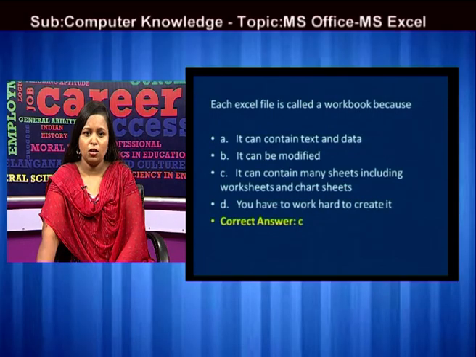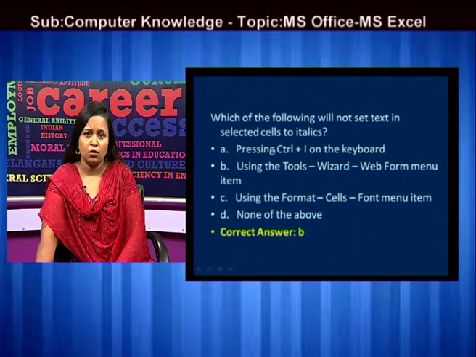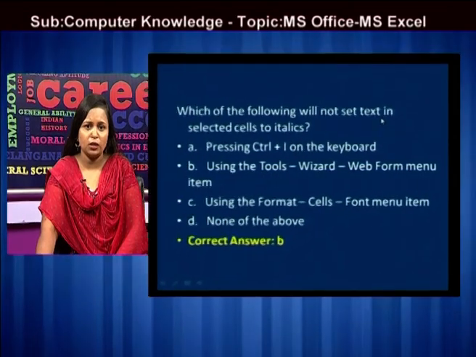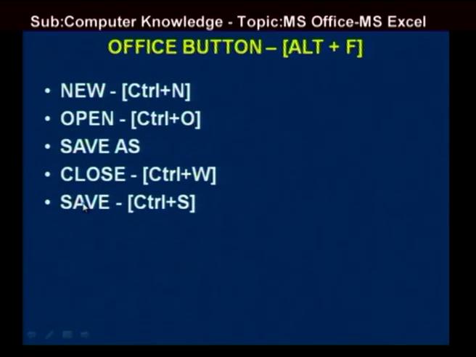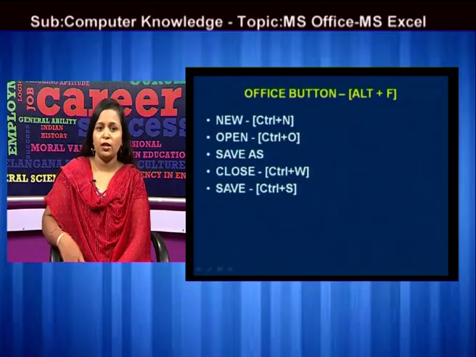A workbook contains many sheets, including worksheets and chart sheets. Next, which of the following does not set text in selected cells into italics? Office button consists of, I will already explain to you.